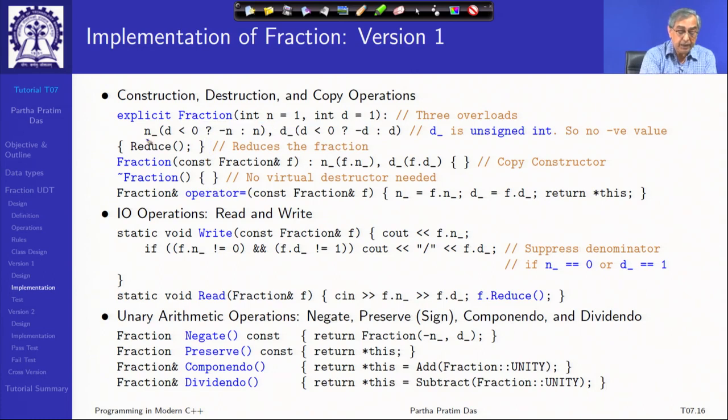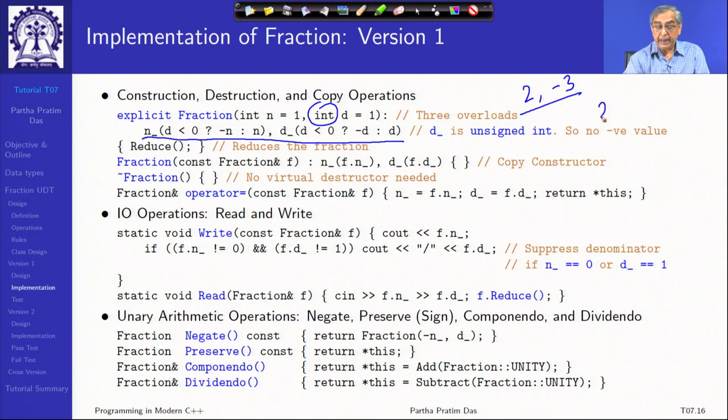You will see something interesting going on here, because when you call the constructor, the denominator is int. So, it is possible that I call the constructor with say 2, minus 3, but I cannot have a fraction 2 by minus 3, because the denominator is a signed number here, whereas in my representation d underscore is unsigned. So, I cannot take minus 3 and put it to d underscore.